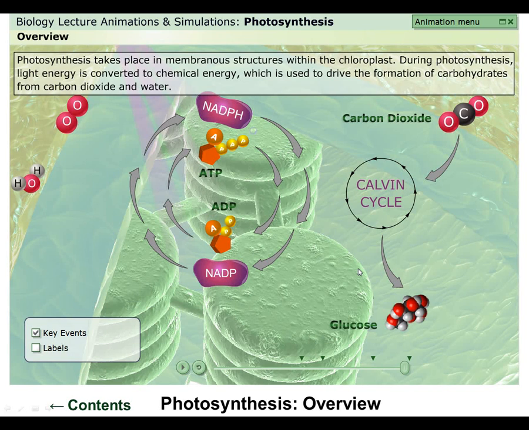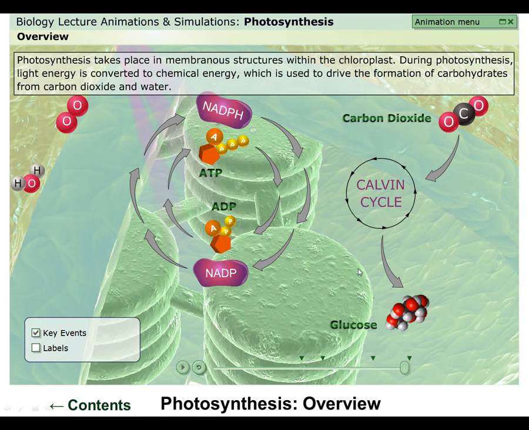We'll make ATP and this NADPH. That will give energy to a next series of reactions called the Calvin cycle. And in the Calvin cycle is where the carbon is actually utilized to make glucose. It's going to take a lot of energy to add that carbon to something, and so we know that something has to happen before to give energy, ATP and NADPH. So it's really a two-step process to look at photosynthesis.